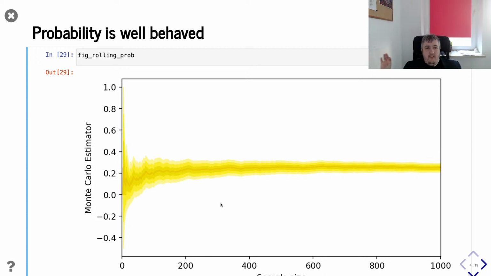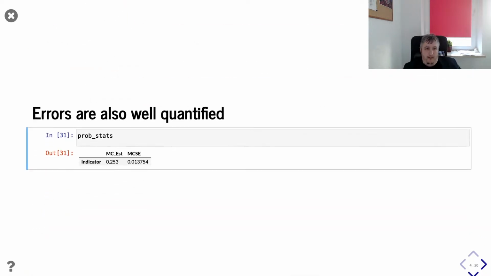In this case, there's no problem because probabilities are well defined. What's not defined are the moment functions, which is not a big problem in this case. The same goes for quantiles and other things, which are all well defined. What is not defined is the mean in the traditional sense.